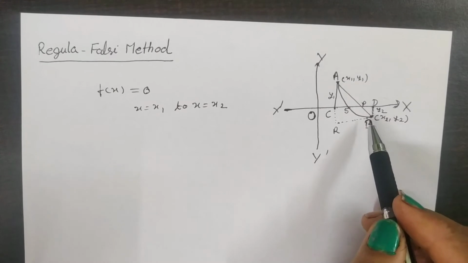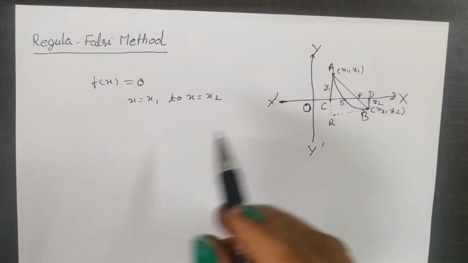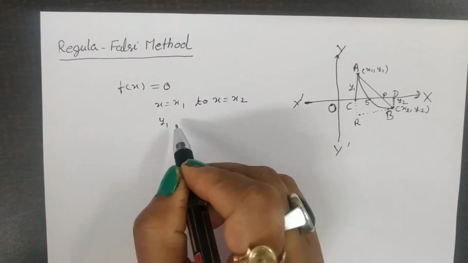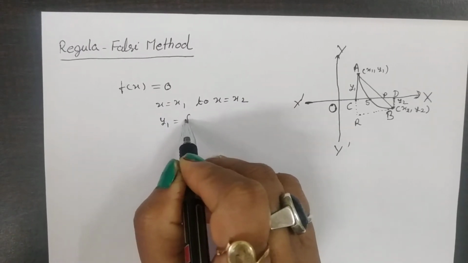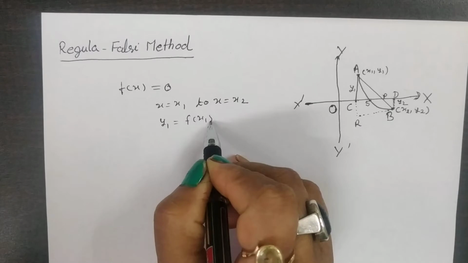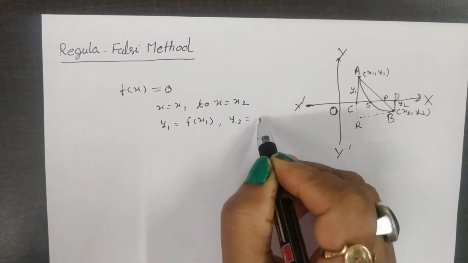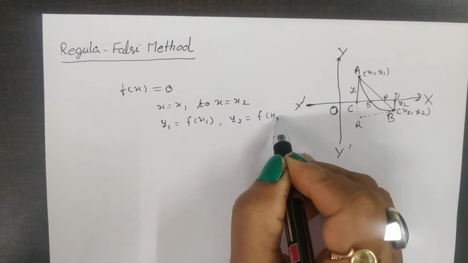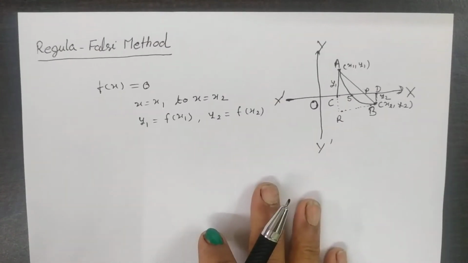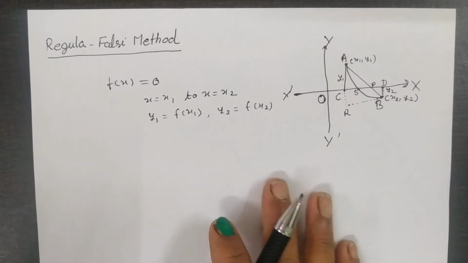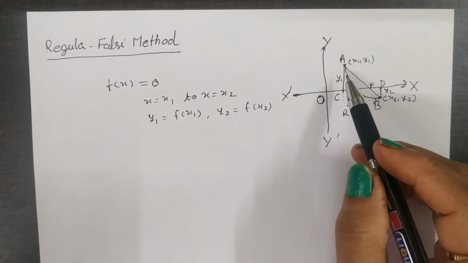Therefore y1 can be written as f(x1), and y2 can be written as f(x2). Clear? Now we draw a graph like that.